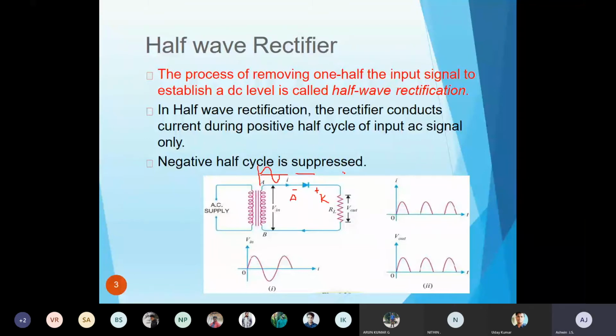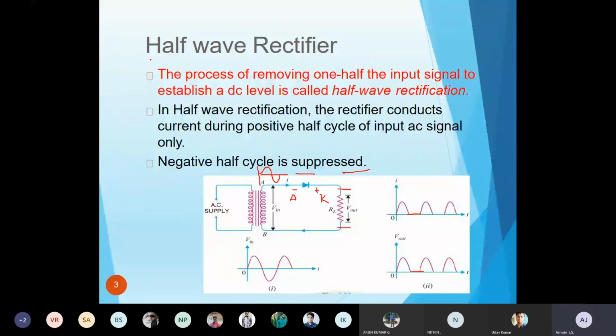So forward bias means closed circuit, closed switch, and reverse bias means open switch. Is it clear, all of you? Yes. So in the negative half cycle, due to the open circuit, there is no conduction. So current is 0 as well as voltage is 0, because I am taking the voltage from here to here.